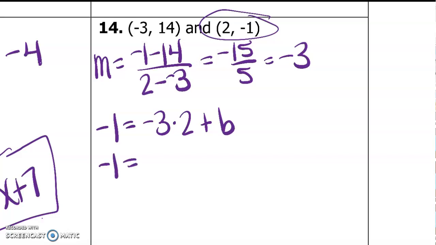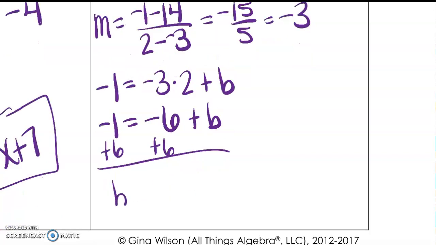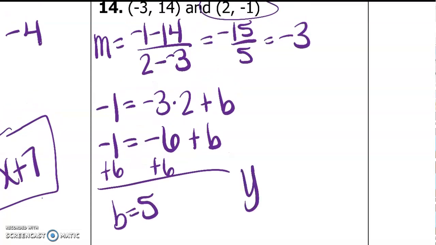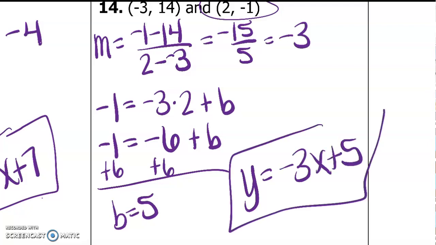So negative 1 is equal to negative 6 plus b. Add 6 to both sides, and b is equal to 5. So your final answer is y equals negative 3x plus 5. Again, if you want to check your answer, you would graph your line that you just wrote and make sure it does go through the two ordered pairs.